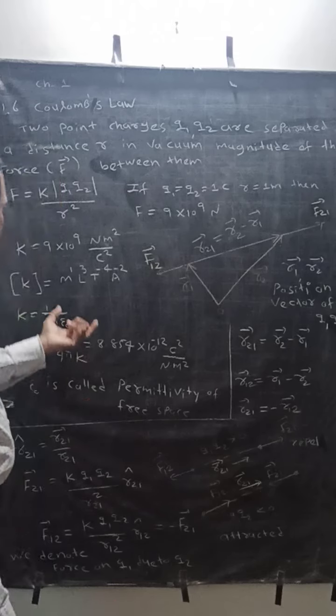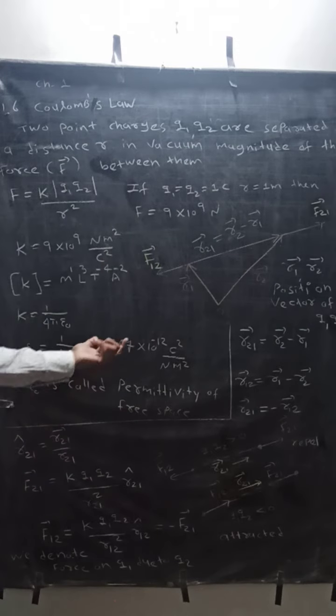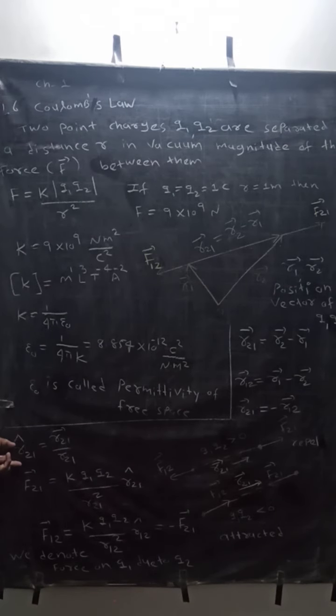Now we need only the direction, so a unit vector is required. How do we get the unit vector? The unit vector R21 is equal to vector R21 divided by its magnitude R21.